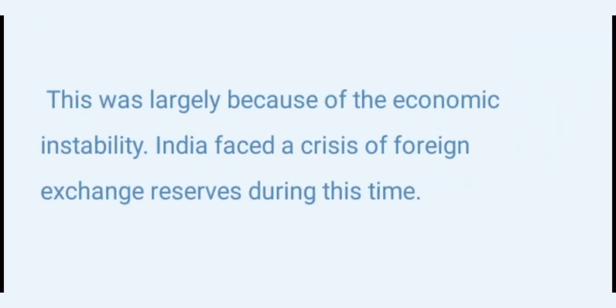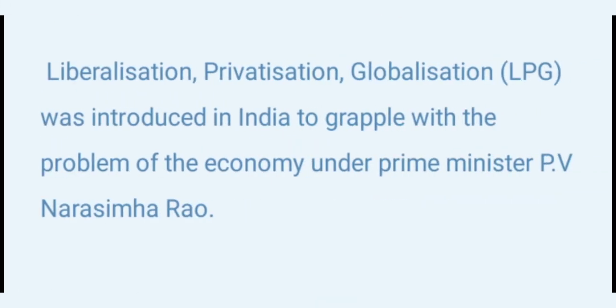This was largely because of the economic instability. India faced a crisis of foreign exchange reserves during this time. Liberalization, privatization, globalization was introduced in India to grapple with the problem of the economy under the Prime Ministership of P.V. Narasimha Rao.